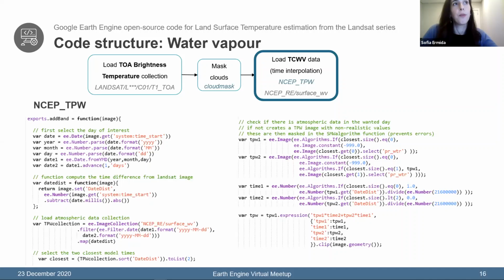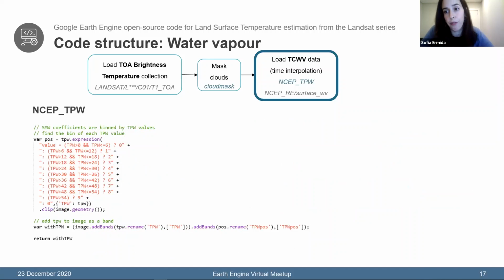Then, because the algorithm does not require the water vapor explicitly, we need to convert that into the beams that I used to calibrate the coefficients. We use beams with steps of 6 centimeters for the water vapor, so this is just the way we convert the water vapor values into beams. Then we add that information to the image collection.